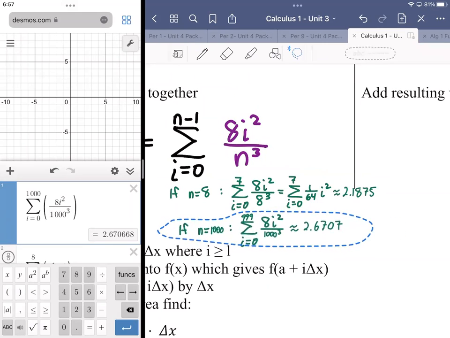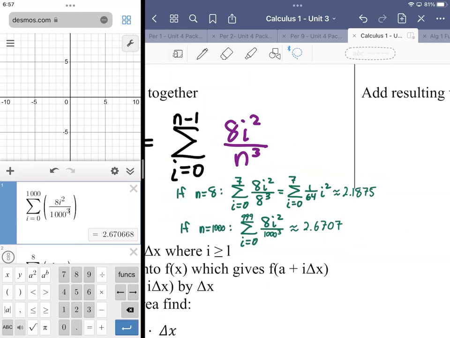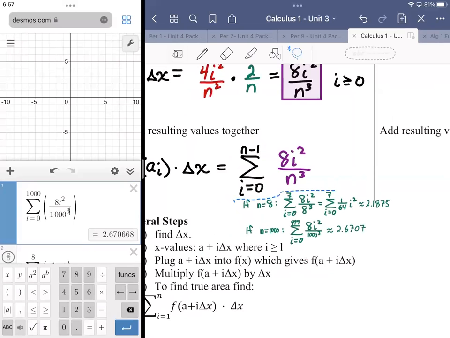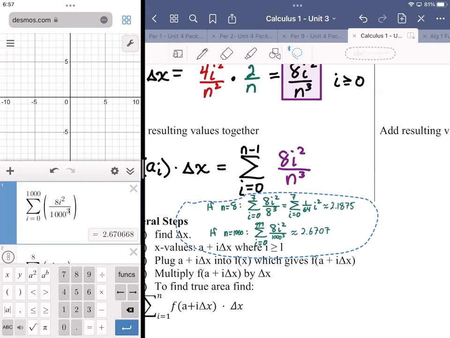Now it's just a question of are we getting closer to the real area? Well, yes, but are we close enough to the true area? Can I walk away now and say, I think that the area is 2 2/3? Is that a reasonable assumption that I could make? I have a very large number of rectangles here.